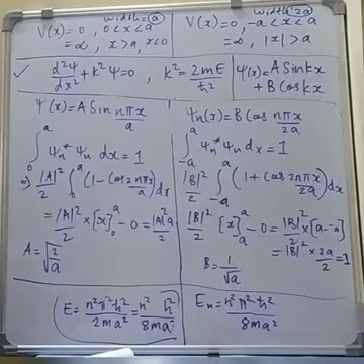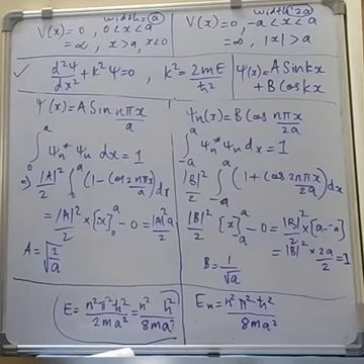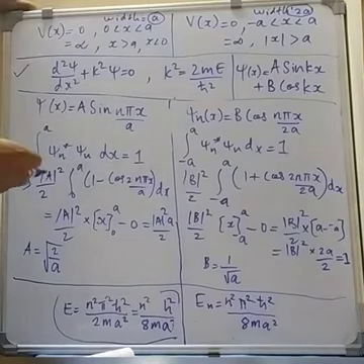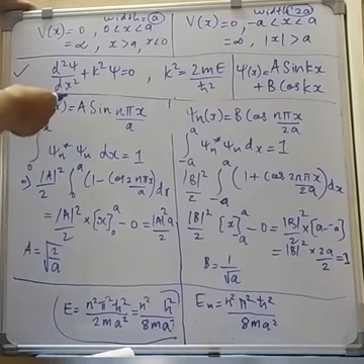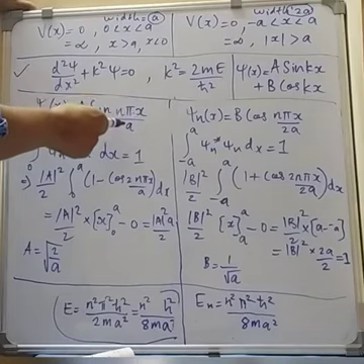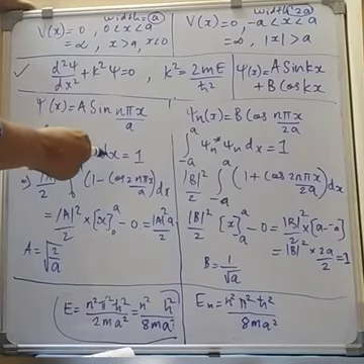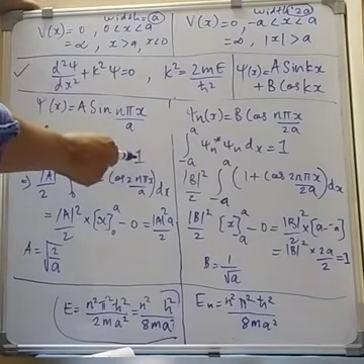Now, let us find out the normalization. What is the difference between the normalization in both the cases? We have the first case, the limit from 0 to a, normalized as we have described in the notes. We have sin n pi x by a as the wave function, and the integral from 0 to a of psi n star psi n dx should be 1.